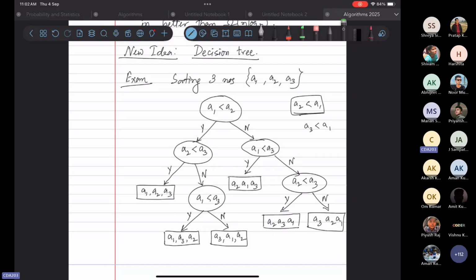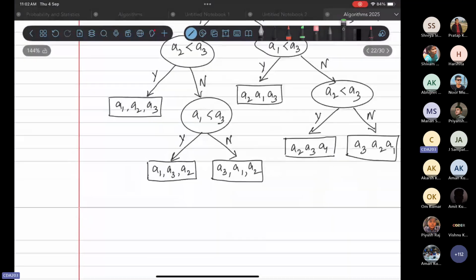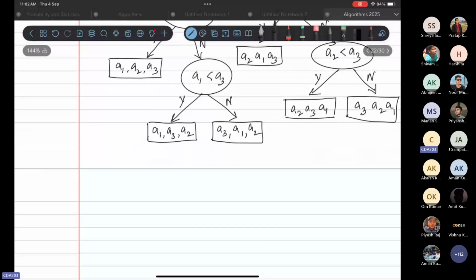Total number of possible sets to n. We'll do all those analyses. But first of all, is this idea of decision tree okay with you? We are representing an algorithm in terms of a decision tree. Okay, so let me write it. What's a decision tree?